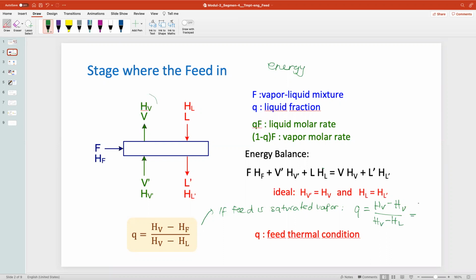HV minus HV equal to 0. So that means if there is saturated vapor, the Q is equal to 1.